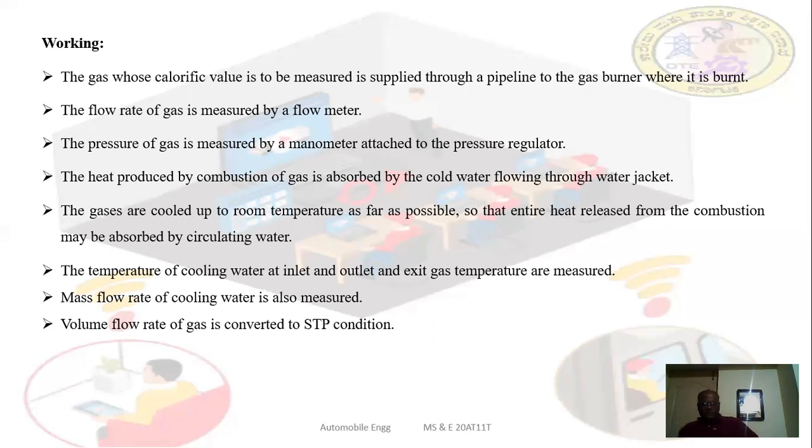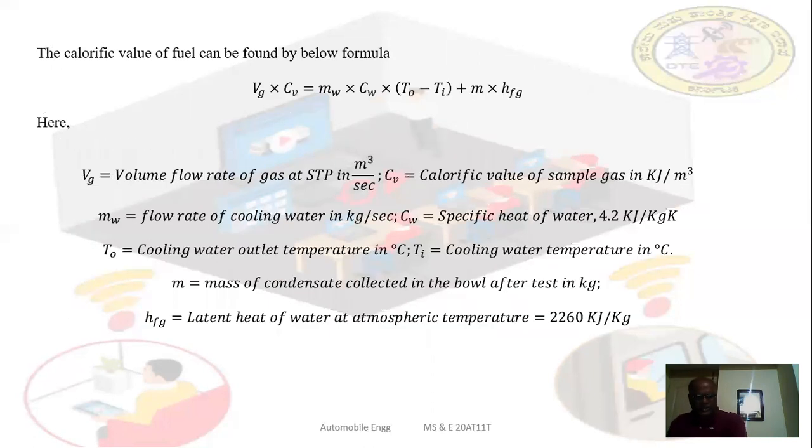The temperature of the cooling water at inlet and outlet and the exhaust gas temperature are also measured. The mass flow rate of the cooling water is also measured. Then the volume flow rate of the gas is also measured at standard temperature and pressure. This is how the calorimeter is operated.